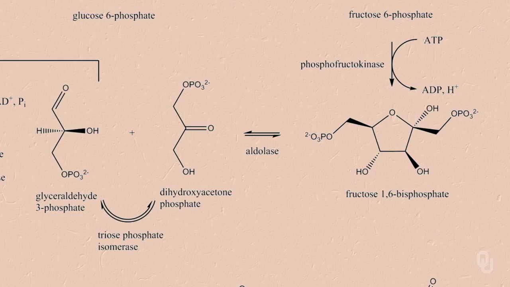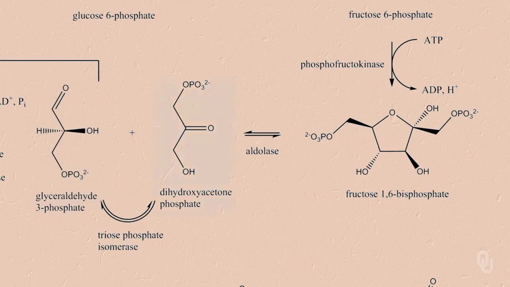So let me back up and repeat because it's important that you are clear on this. Fructose 1,6-bisphosphate is cleaved, and that happens by the enzymatic action of aldolase, and we make two 3-carbon molecules. One of them, glyceraldehyde 3-phosphate, can continue on in glycolysis.